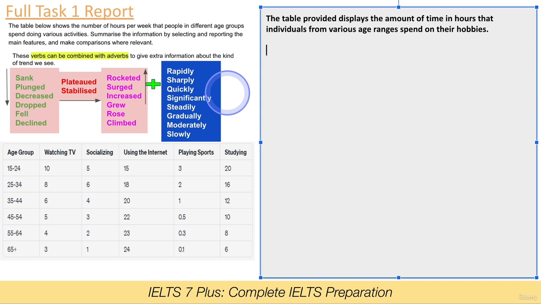Okay, let's read it back and we can edit as we go. The table provided displays the amount of time in hours that individuals from various age ranges spend on their hobbies. Maybe some commas there would be quite nice. In hours. Okay then, so we paraphrase as much as we can.